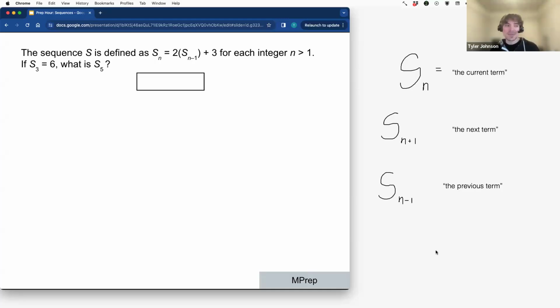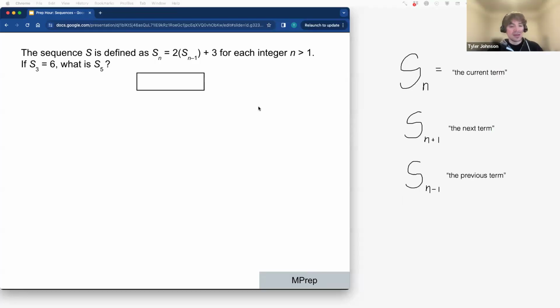All right, so one tip I have for these sequences is when you have a mathematical definition like this, I think it's a little easier to try and transcribe the math into plain words.